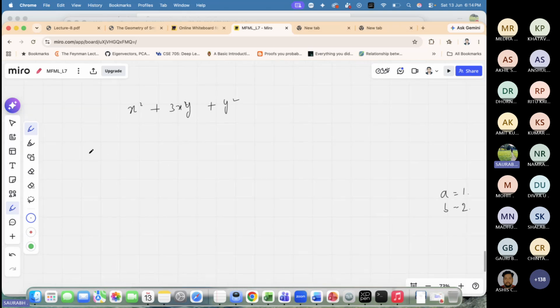Firstly, fx is simple, with respect to x. This would become 2x, this would become 0, and in 3xy, y would be constant, so this would become 3y.